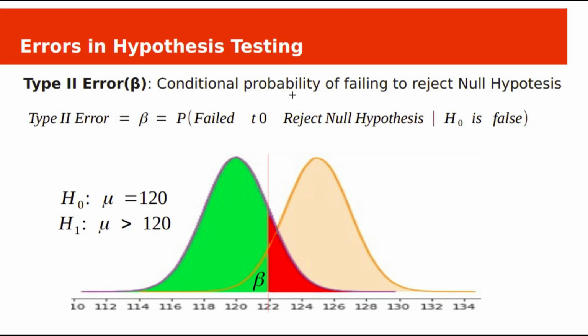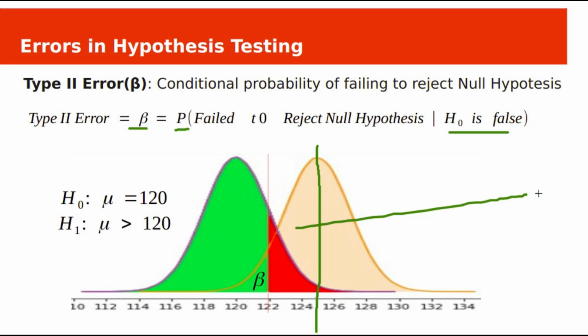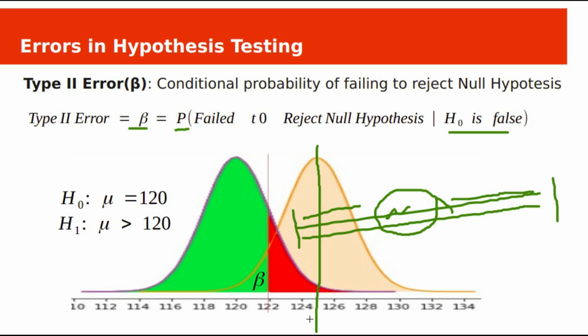Type 2 error is the conditional probability of failing to reject the null hypothesis when it is actually false. It is denoted with beta. For example, the true speed of a vehicle is on average 125 kilometers per hour, but the three measurements were taken at some place where the vehicle is moving slow, and in other places it is moving fast. The average speed of that vehicle is 125, but the average of the measured three values is below the 121.9 critical value.